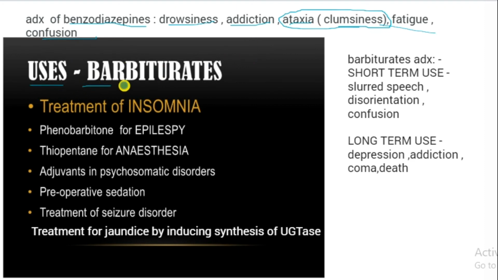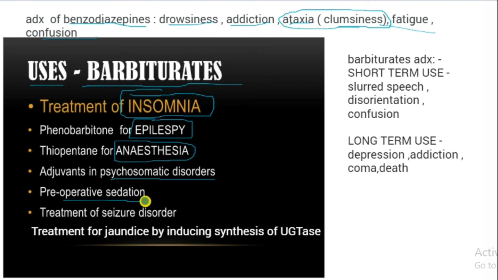So next we are going to discuss use of barbiturates. It is the treatment for insomnia, phenobarbital for epilepsy, thiopentone for anesthesia, adjuvants in psychosomatic disorders, preoperative sedation, treatment of seizure disorder, treatment of jaundice by inducing synthesis of uridyl glucuronide transferase.